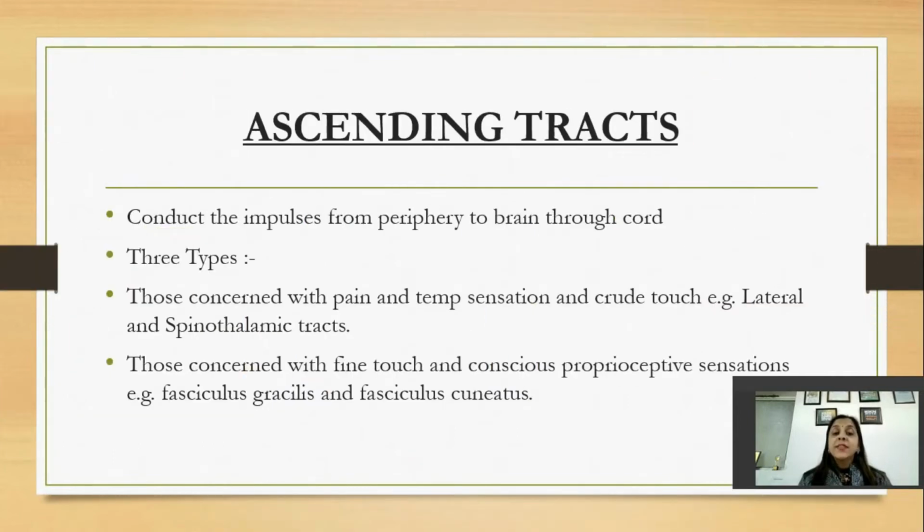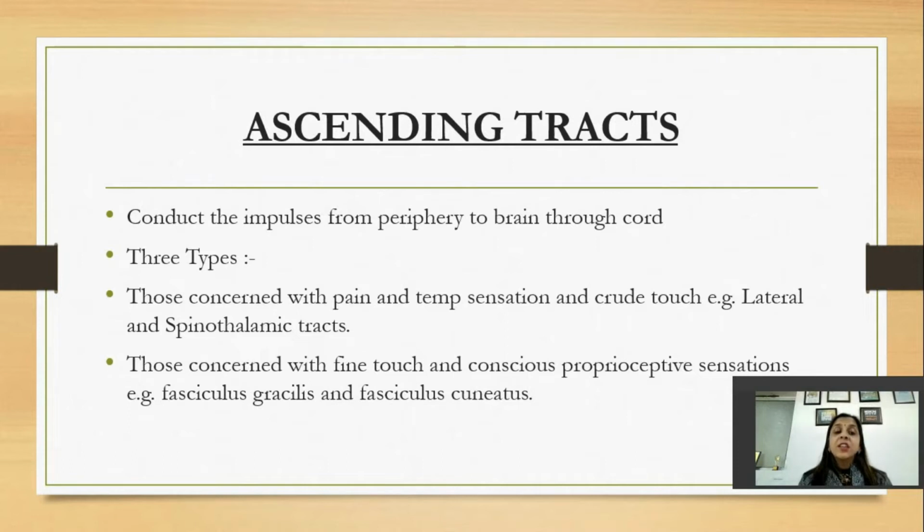The ascending tracts conduct impulses from the periphery to the brain through the spinal cord. That means the fiber originates from the dorsal root of the spinal cord and carries information to the cerebral cortex, the higher center of the central nervous system, the brain.